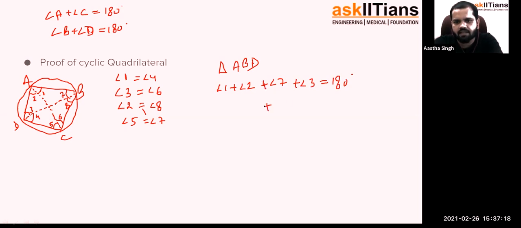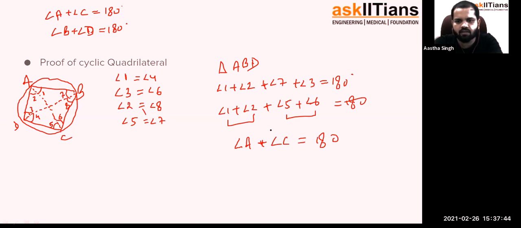And angle 7 is angle 5, just replace it. Angle 3 is angle 6. So angle 1 plus angle 2 plus angle 5 plus angle 6 is equal to 180 degrees. Angle 1 plus angle 2 is nothing but angle B. And angle 5 plus angle 6 is nothing but angle C. So basically, we have proved that angle A plus angle C will be equal to 180 degrees.